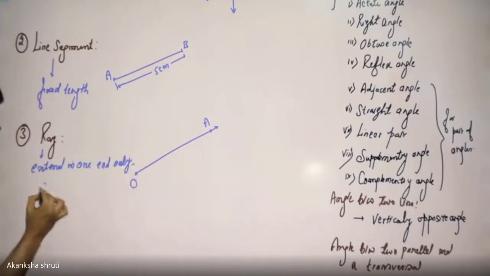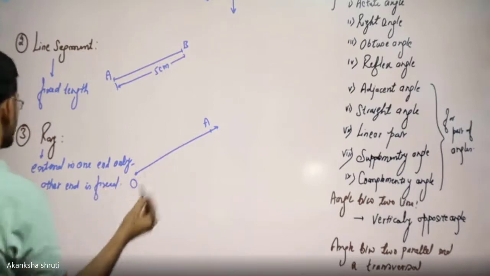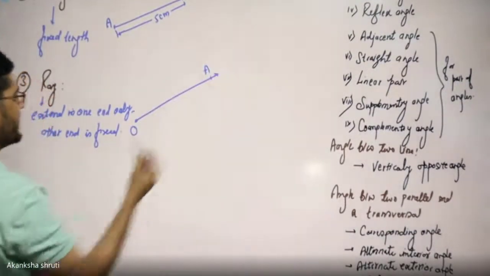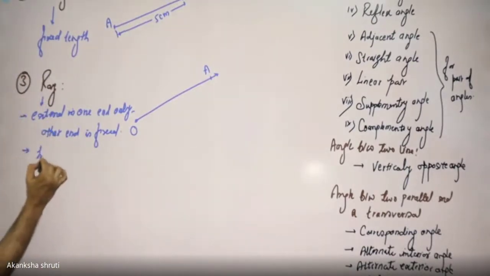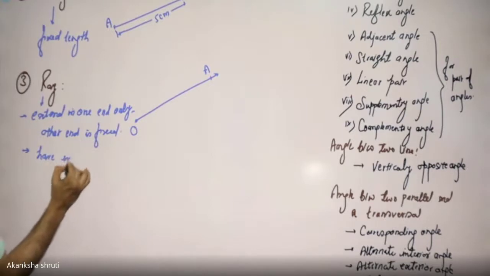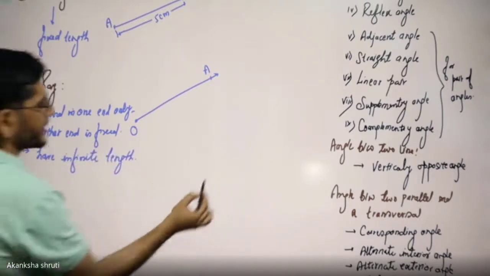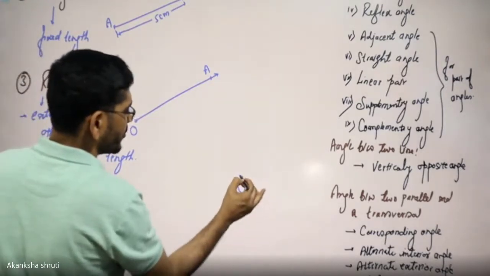The other end is fixed. Therefore, lengthwise, in just one direction it can be extended up to infinity. So it also has infinite length. These rays can have any orientation considering the point O.